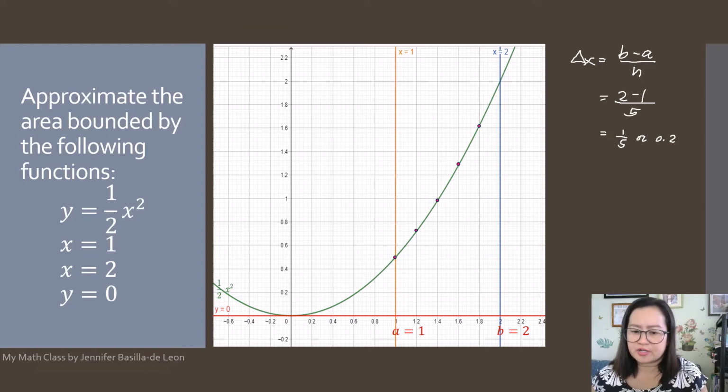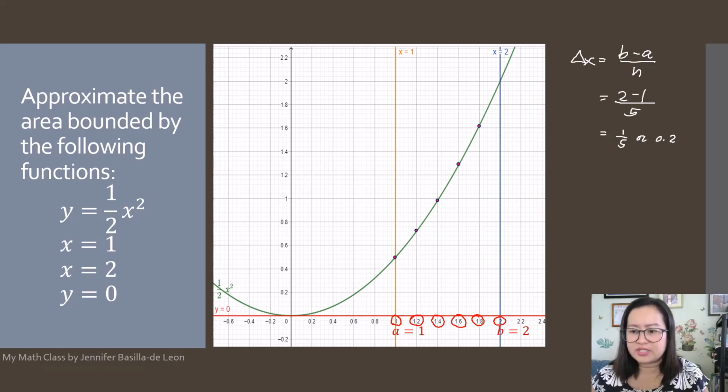Now from here, we can form subintervals which are from 1 to 1.2, from 1.2 to 1.4, from 1.4 to 1.6, 1.6 to 1.8, and lastly from 1.8 to 2.